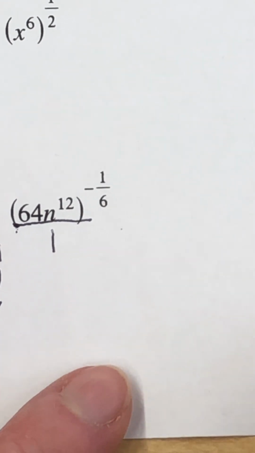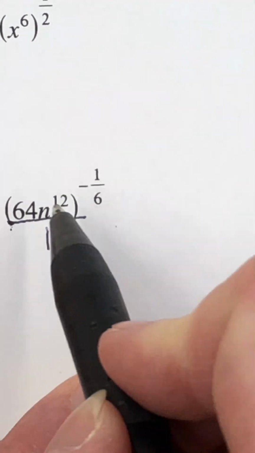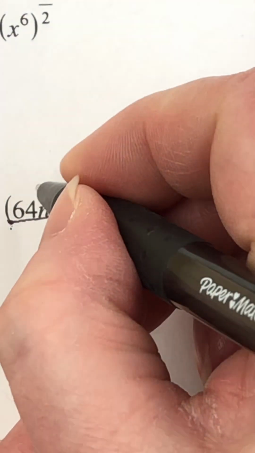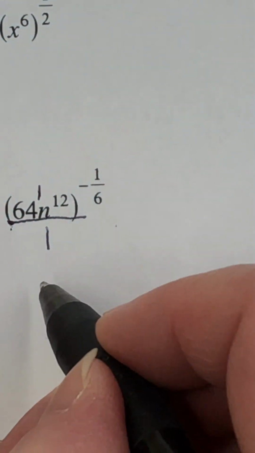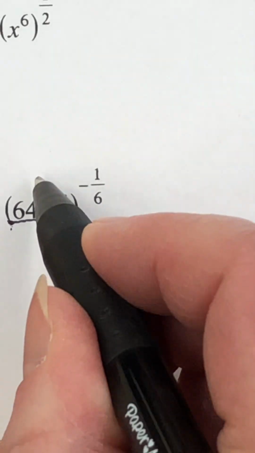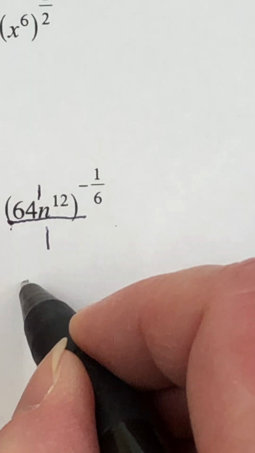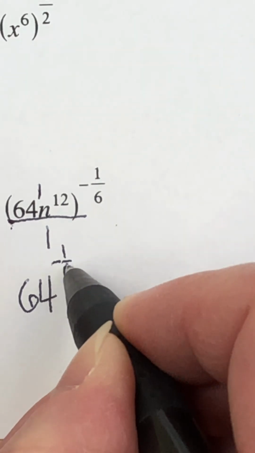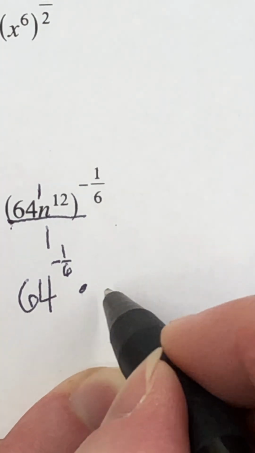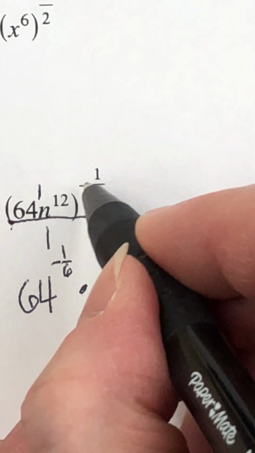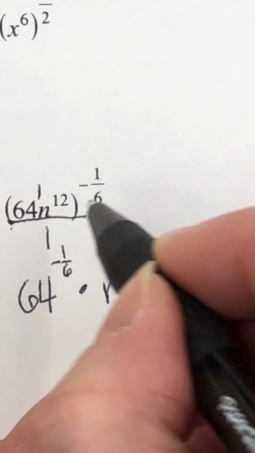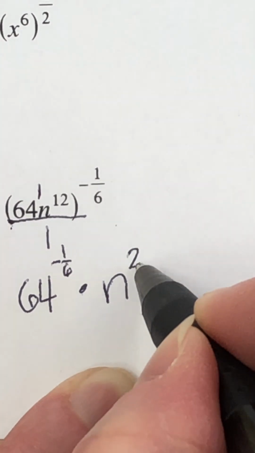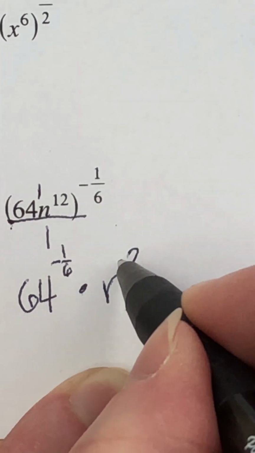So first of all, if we were to multiply these out, remember 64 is to the first power, because that's that invisible math. 1 times negative 1/6 is negative 1/6. So 64 to the negative 1/6 power multiplied now by n, and what is 1/6 of 12? Well, that is 2, but remember you still have a negative.